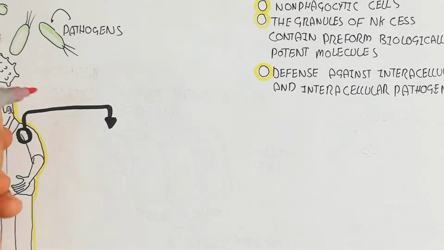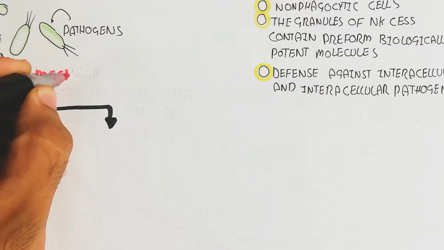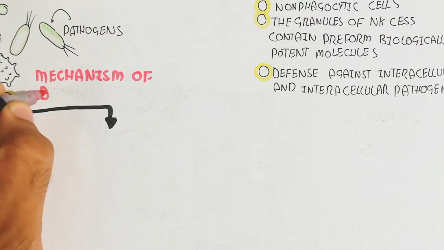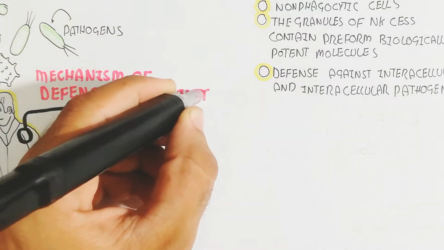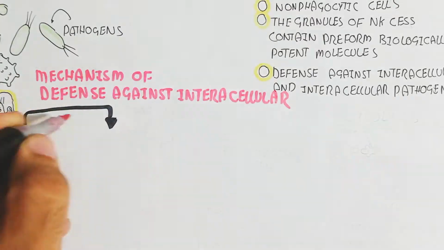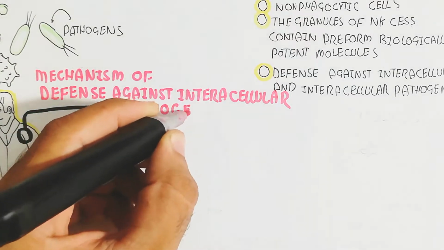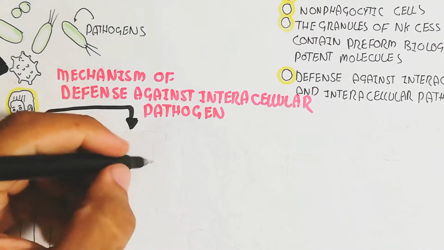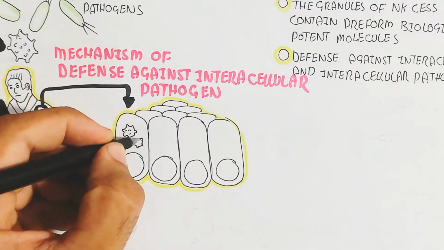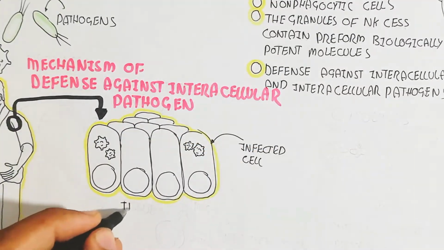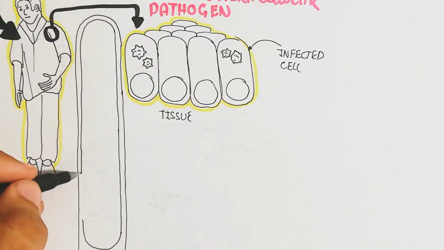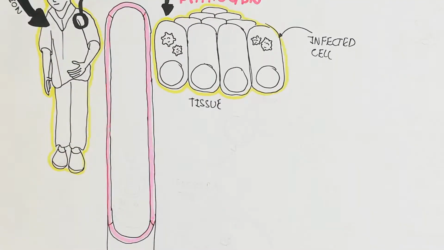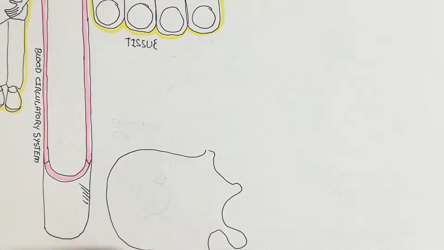After the infection of the person, let's look at the mechanism of defense against intracellular pathogens. Intra means inside, so intracellular means inside the cell, while inter means between two cells. Here, the infected cell contains a virus.